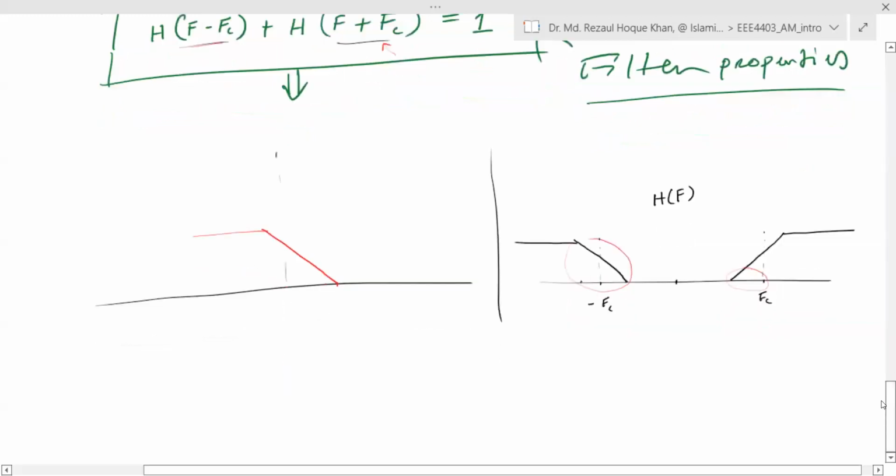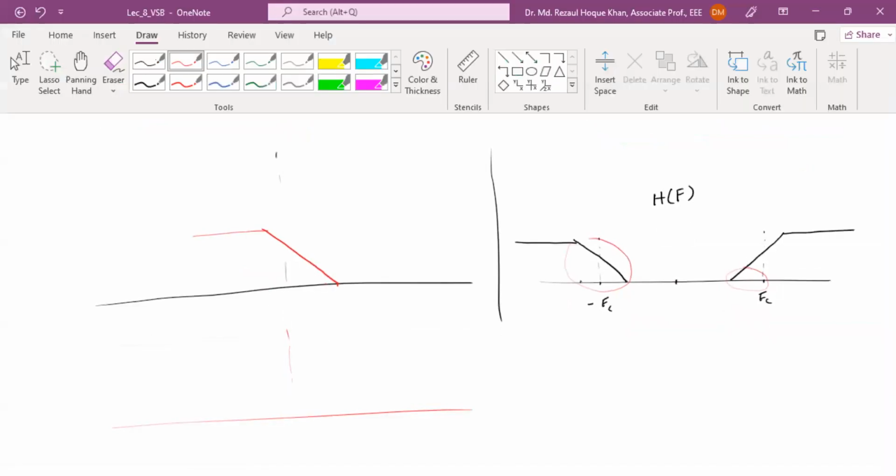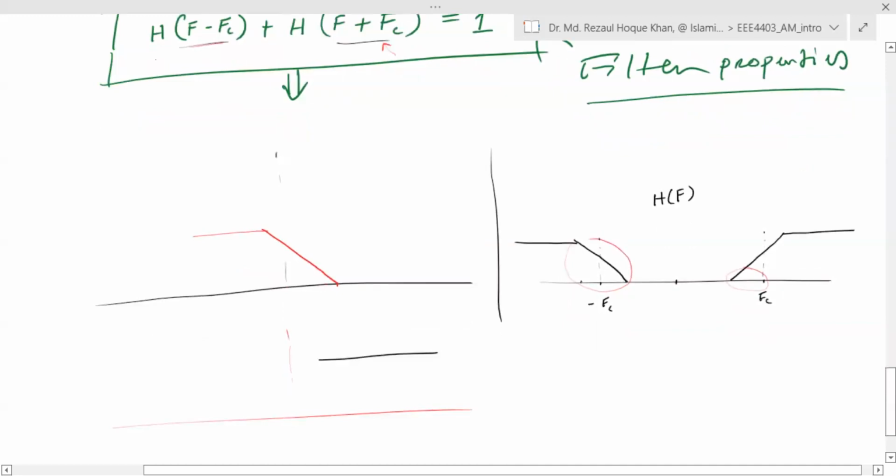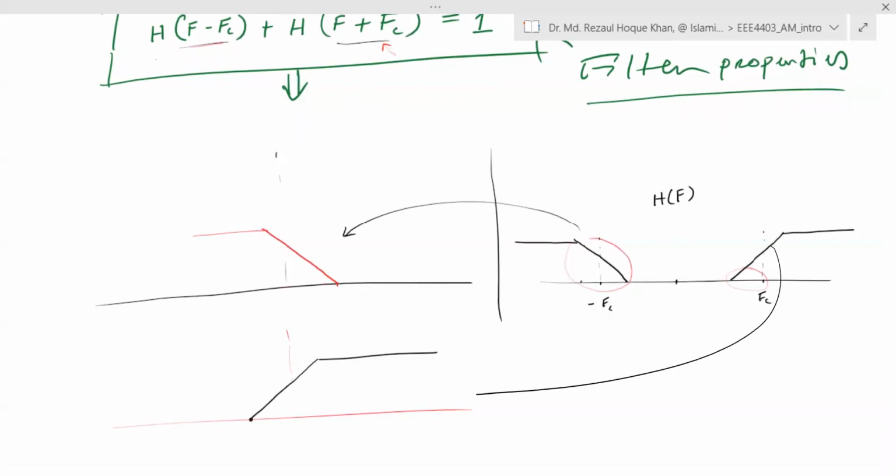The other portion will also be like this. Because of this one, this will be shifted like this, and this will be shifted like this.